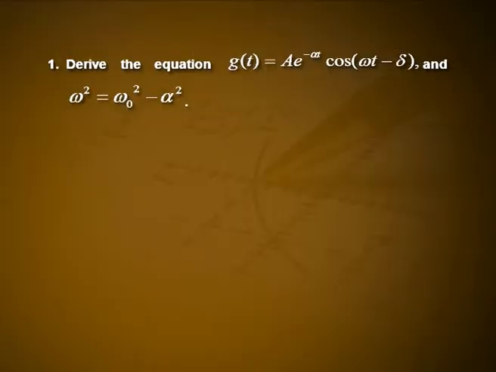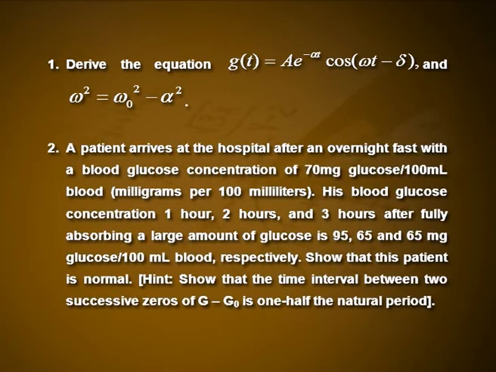First one, derive the equation G of t is equal to A e raised to minus alpha t into cos of omega t minus delta, where omega square is equal to omega naught square minus alpha square. Second one, a patient arrives at the hospital after an overnight fast with a blood glucose concentration of 70 milligrams glucose per 100 milliliters of blood.